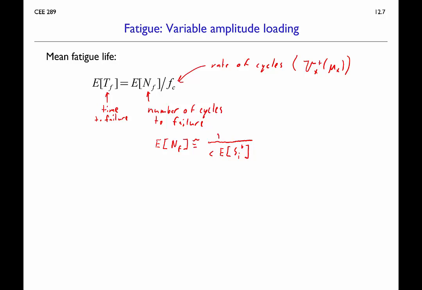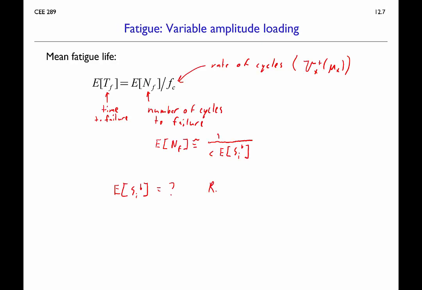Okay, so we've got this formulation where the right-hand side, the rate of cycles, we can come up with from our stochastic process model. S_i is going to be some amplitudes we can figure out from random vibration theory. Let's write this down. So the expected value of S_i to the B, we're going to need that in the above formula.